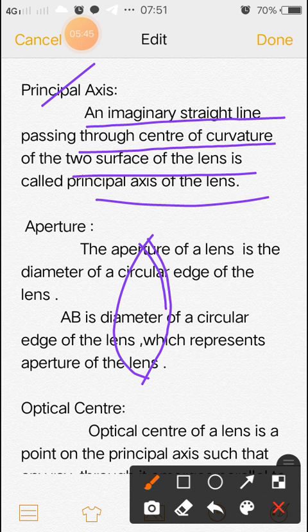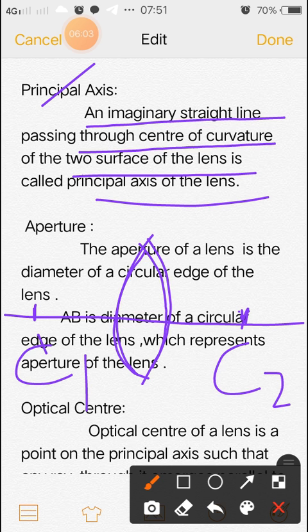For this surface this is the center, and for this surface this is the center, and the straight line passing through these points C1 and C2 is called the principal axis.